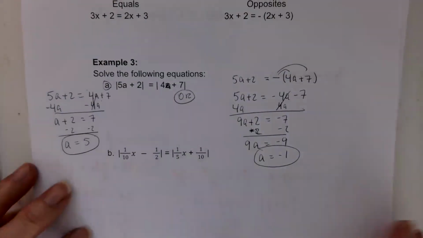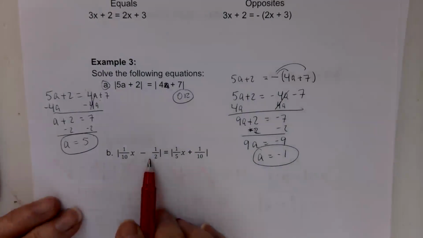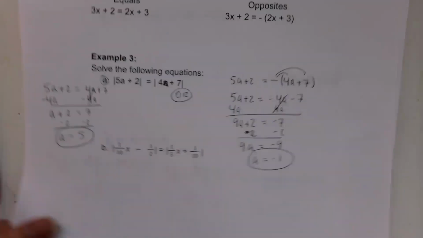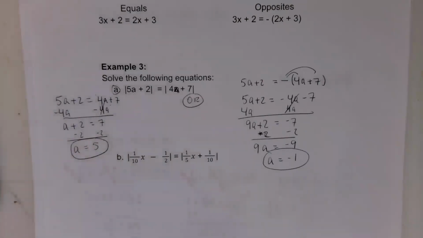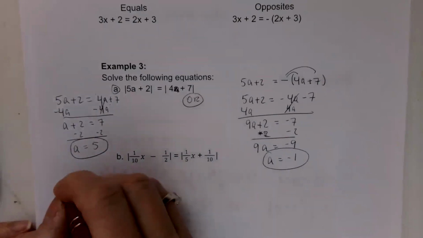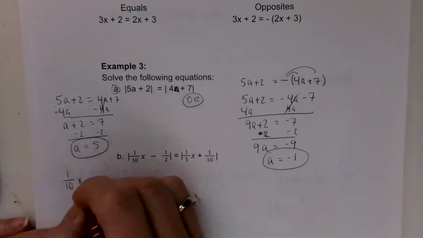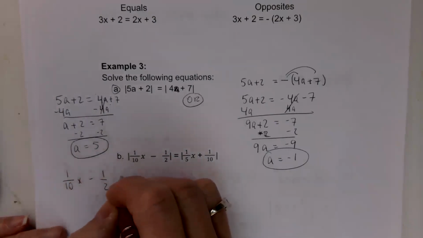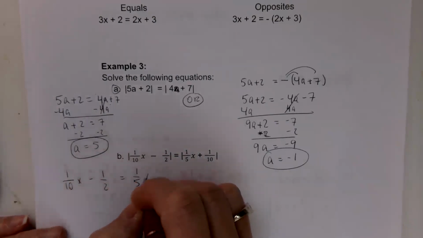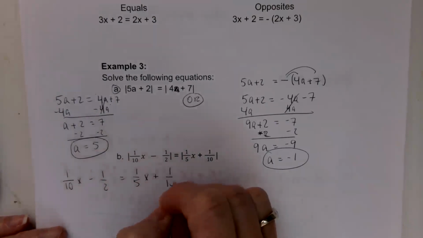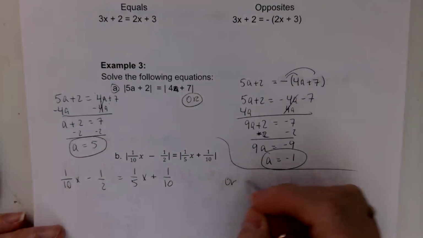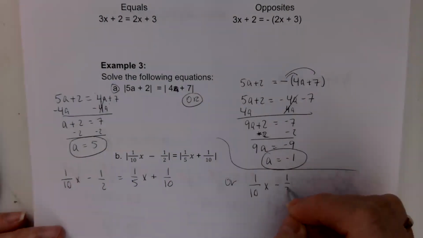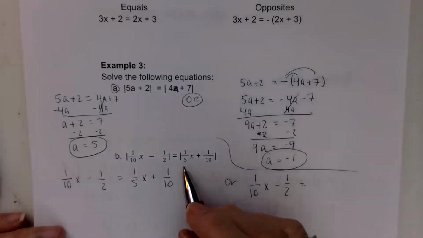Then letter B. So either they equal each other at positives or they equal each other as opposites. So 1/10 x minus 1/2 equals 1/5 x plus 1/10, or 1/10 x minus 1/2 equals the opposite.